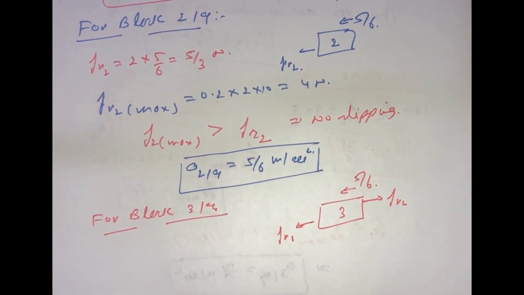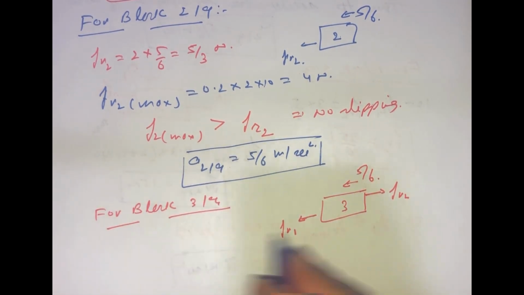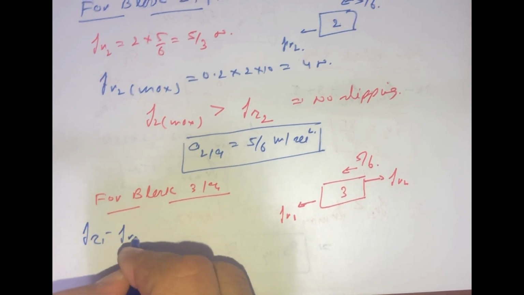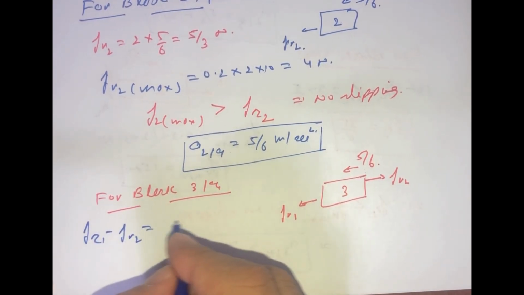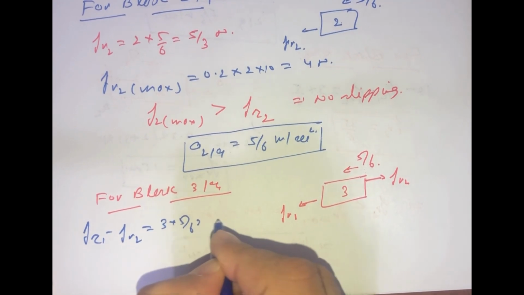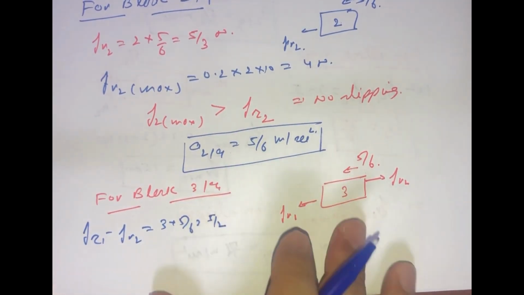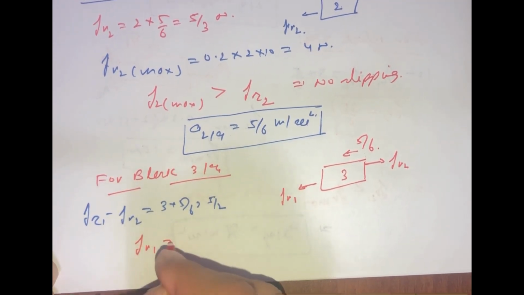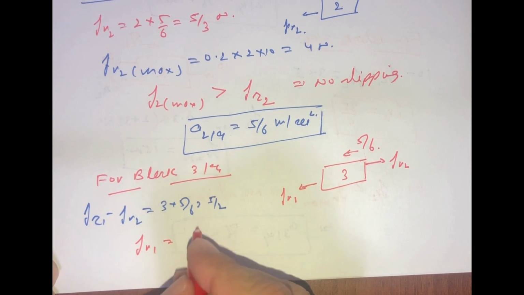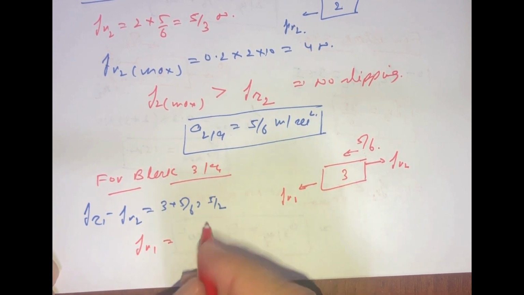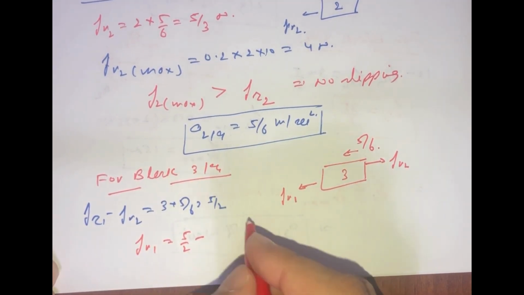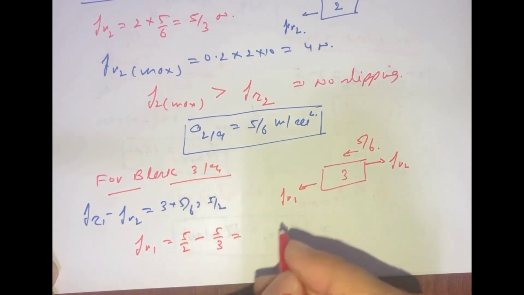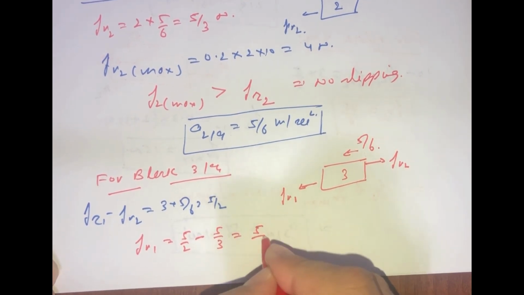So you can see that FR1 minus FR2 will be equal to 3 into 5/6, that is equal to 5/2, and from here we can find out our FR1, which will be 5/2 minus FR2, which was 5/3. So this will be coming as 5/6 newtons.